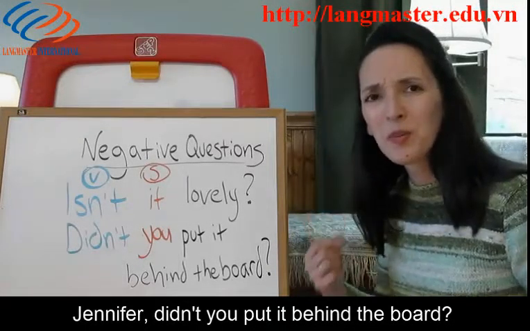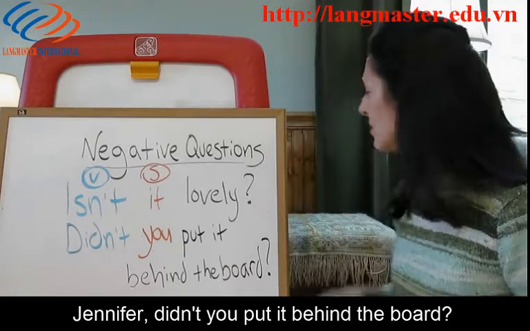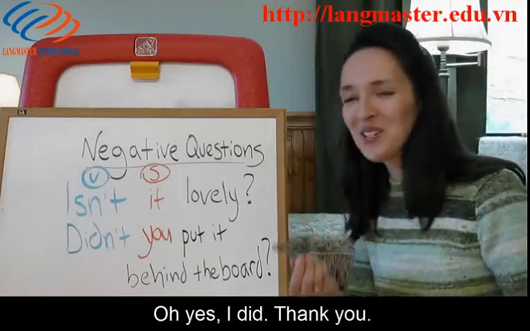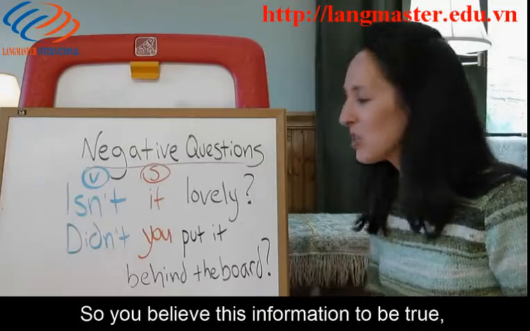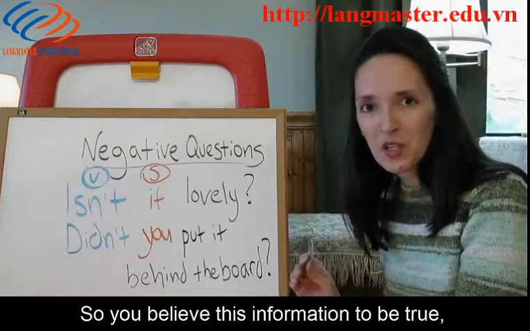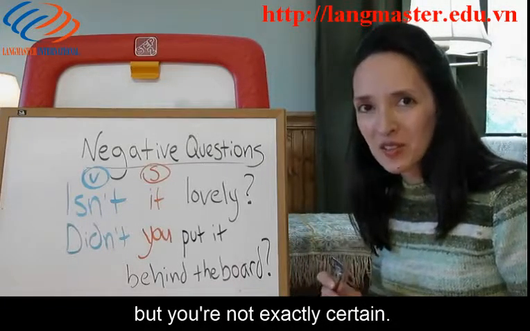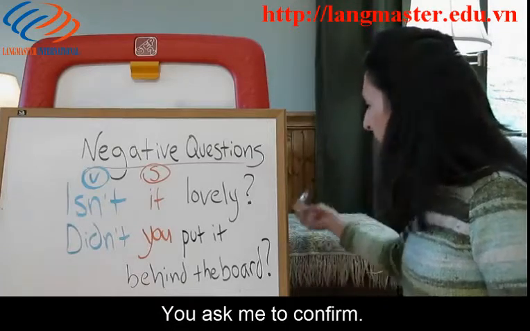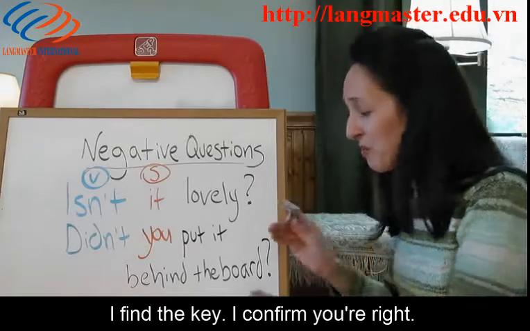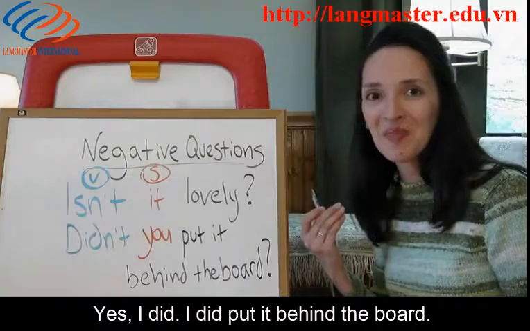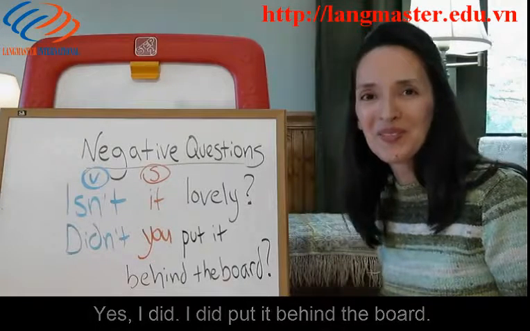Jennifer, didn't you put it behind the board? Did I? Oh yes, I did. Thank you. So you believe this information to be true, but you're not exactly certain. You asked me to confirm. I find the key, I confirm. You're right, yes, I did. I did put it behind the board.